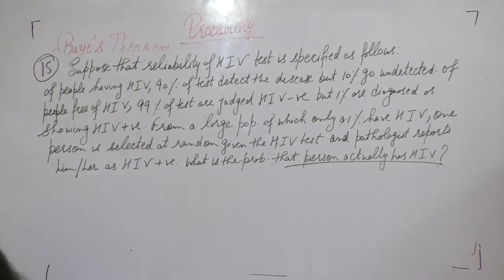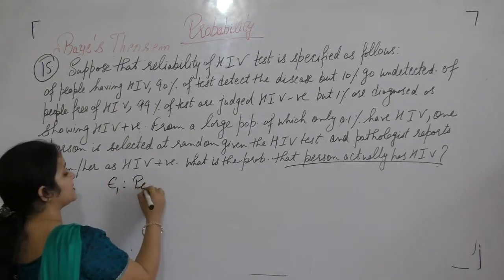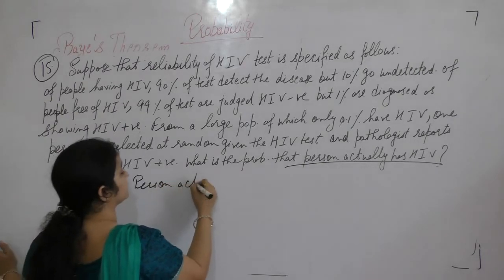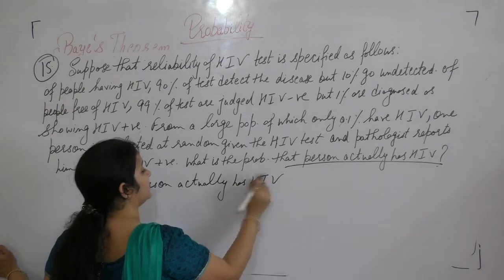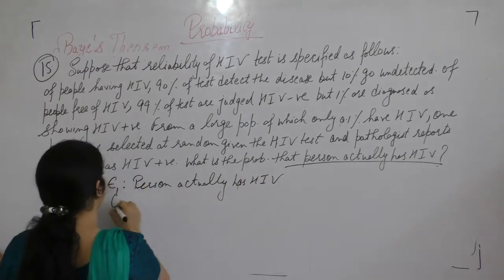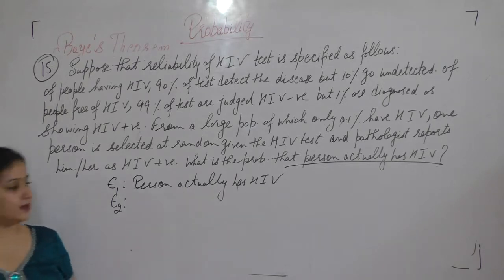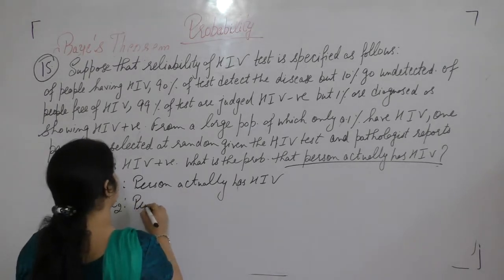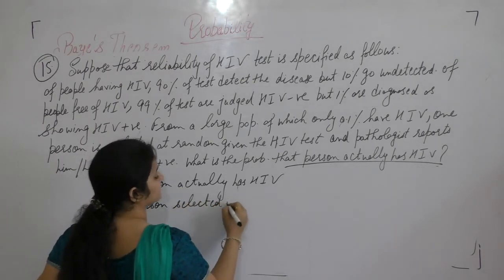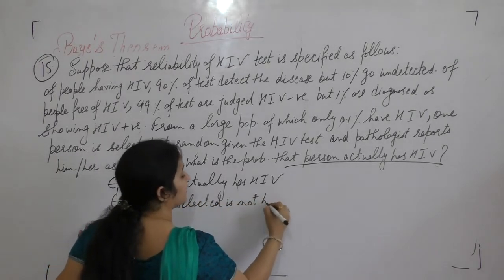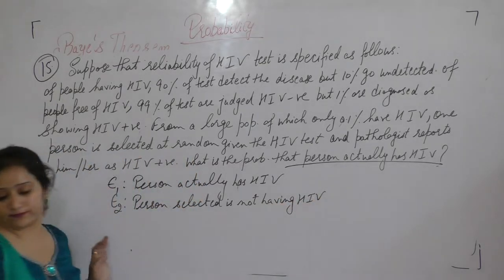Let E1 be the event person actually has HIV, E2, person selected is not having HIV.